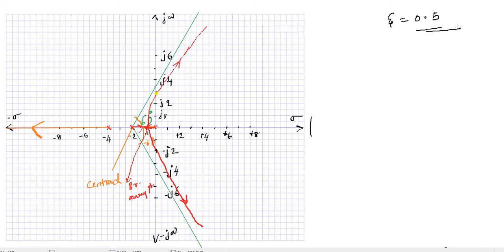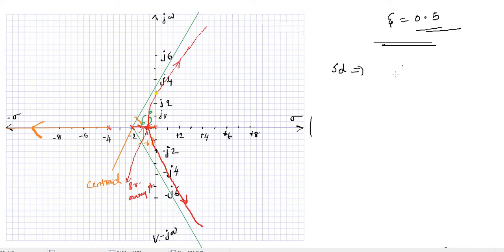the first step is we have to find the dominant pole SD, which we can find by using the value of the damping ratio. So how can we find that value?